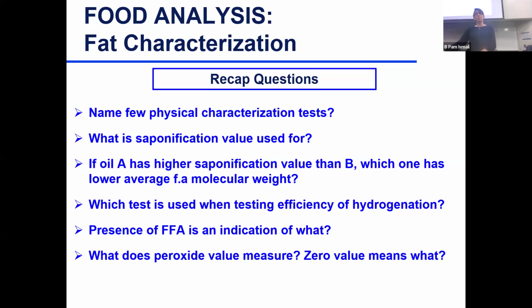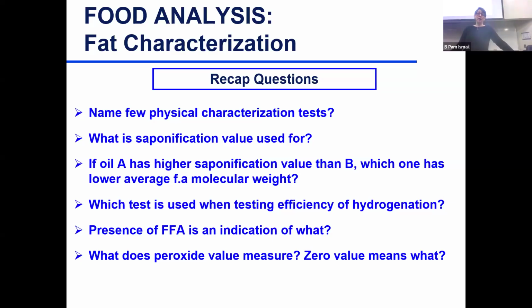The virgin, because refining takes away free fatty acid. Usually you treat with NaOH, you generate soap, you centrifuge, you get those free fatty acids in the soap out, and then you have the oil with low to no free fatty acid.